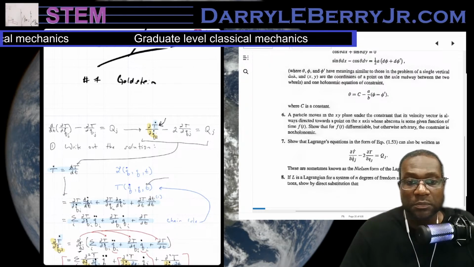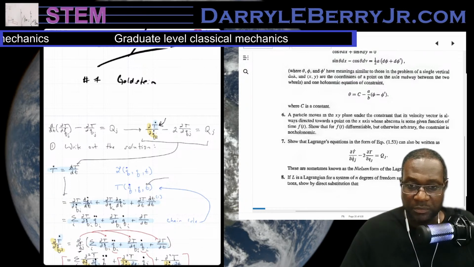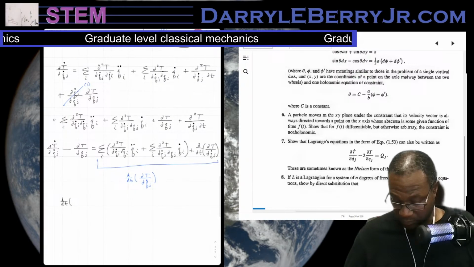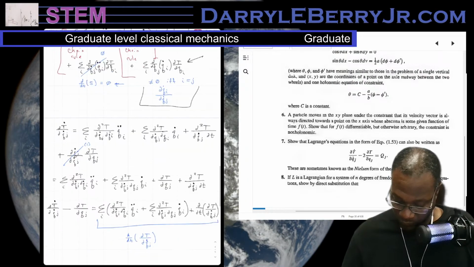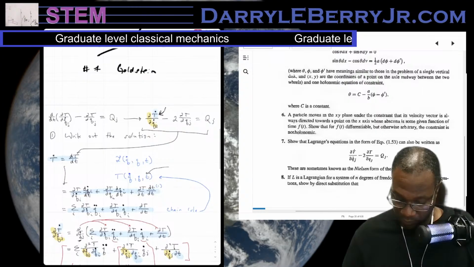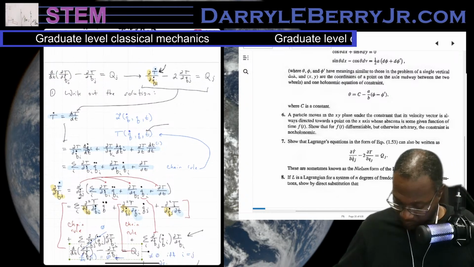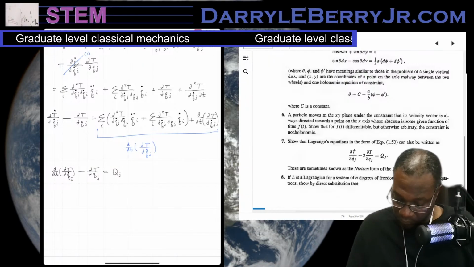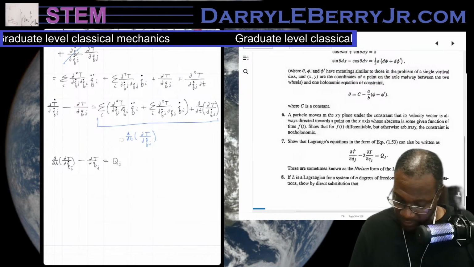So in this case, basically potential energy is the Lagrangian, if I'm understanding this correctly. Copy this down. This equals this.